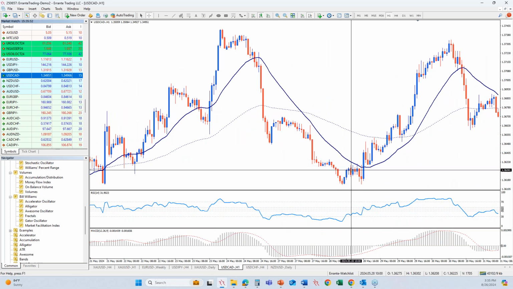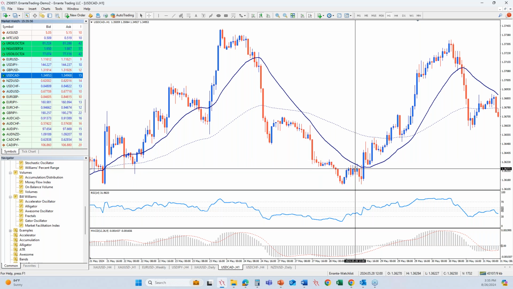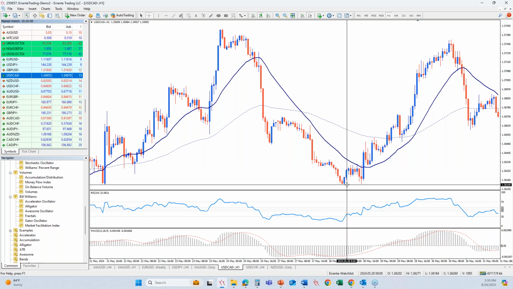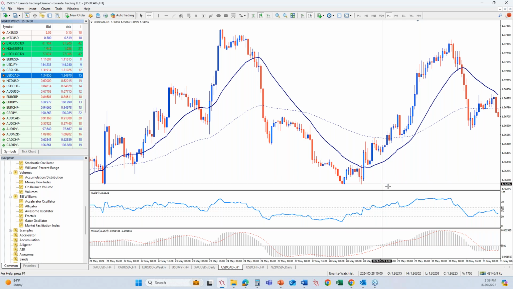double bottom pattern here. As you see, the double bottom pattern is characterized by two distinct troughs, or market bottoms, that occur at approximately the same price level, separated by a peak or a rebound.